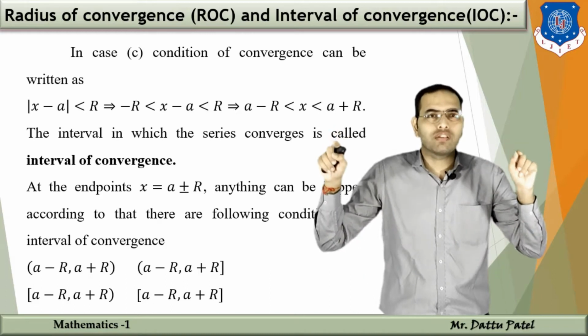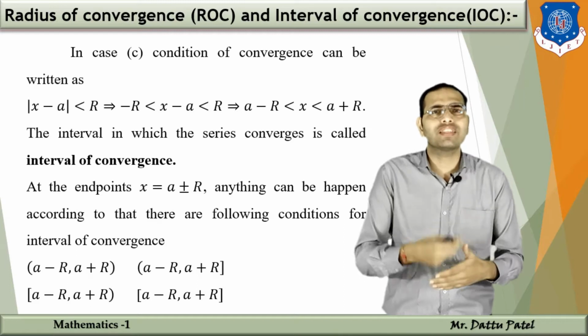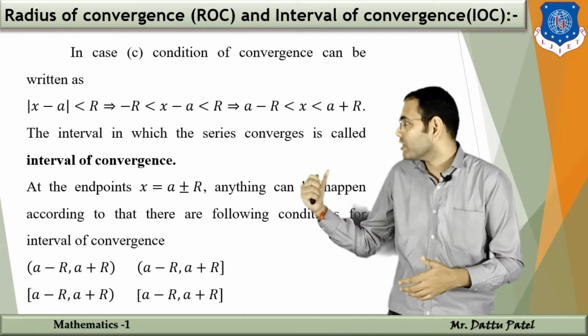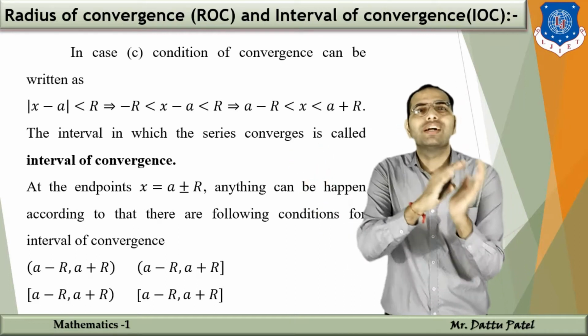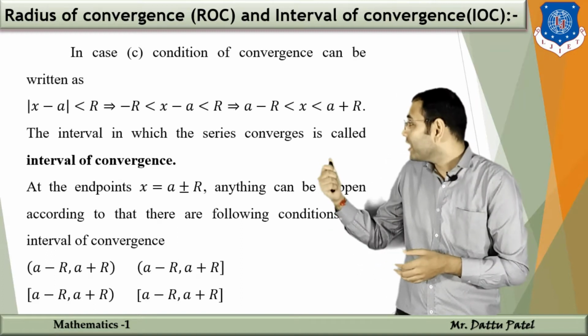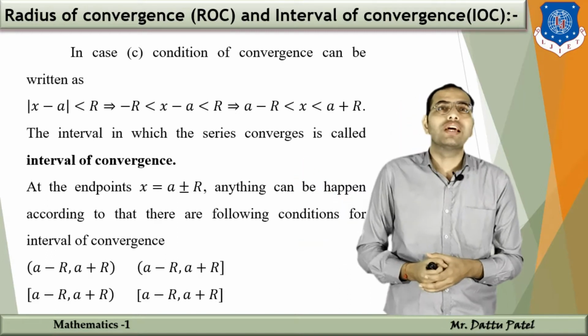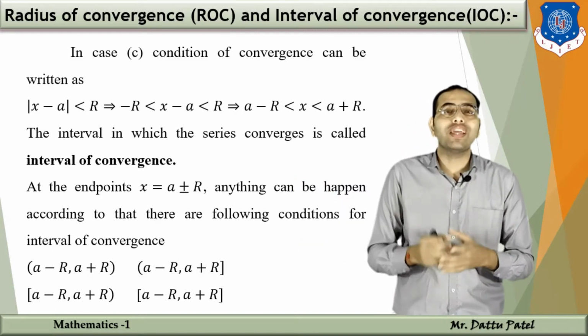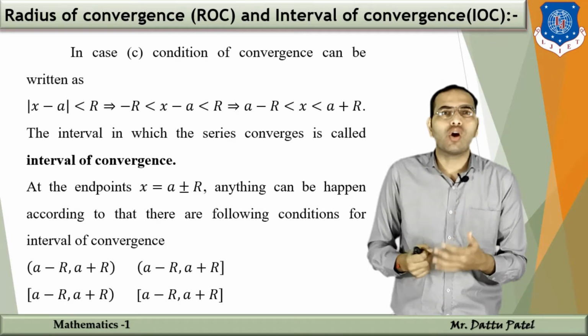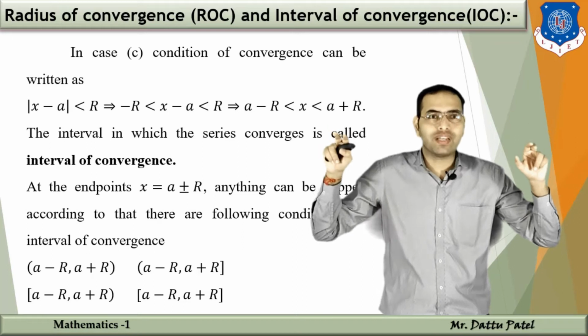That is our interval, the interval in which the given series is convergent. We call it the interval of convergence, which is also called the range of convergence. Now, basically there are four possibilities for the interval of convergence, according to the endpoints.